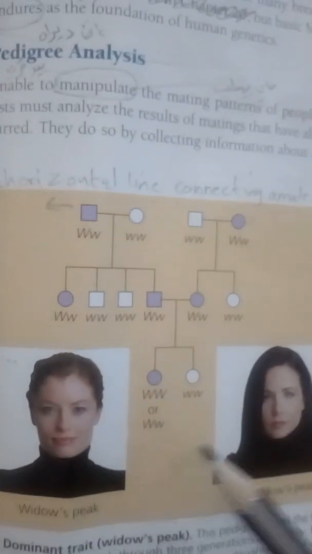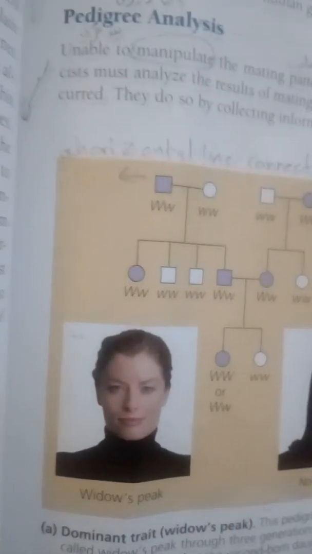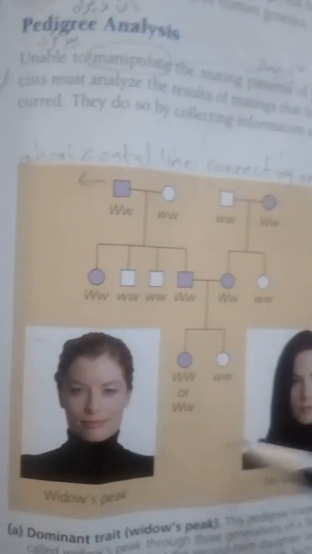Dominant trait: widow's peak. This pedigree traces the trait called widow's peak through 3 generations of a family. Notice in the 3rd generation that the second-born daughter lacks a widow's peak, although both of her parents had the trait.